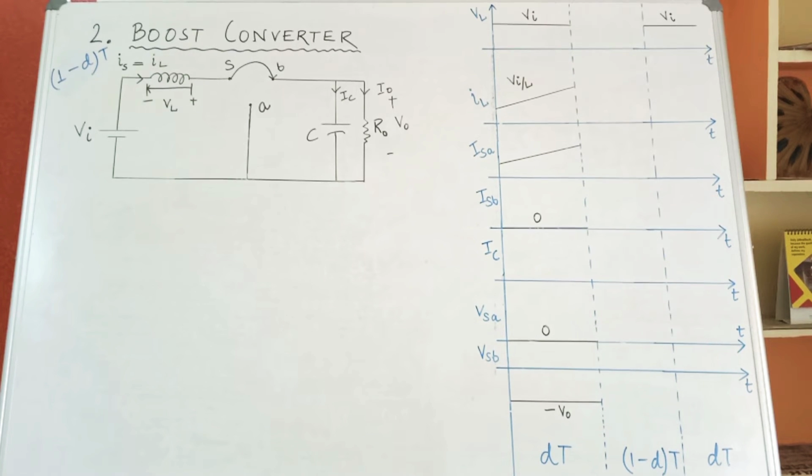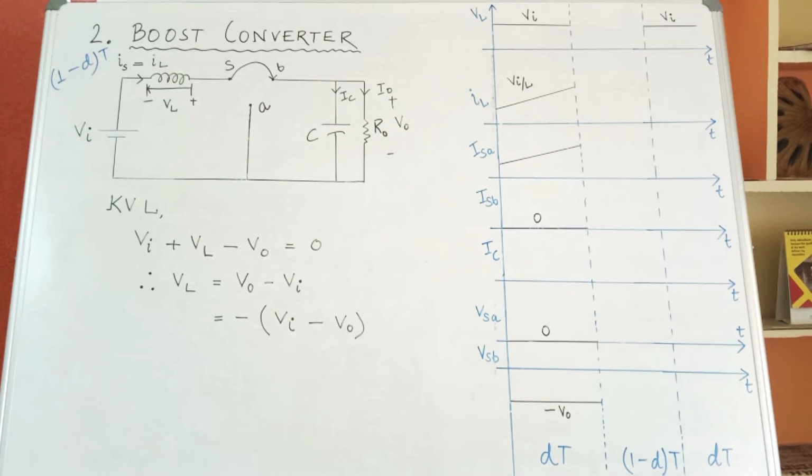Now the source along with the inductor supplies the energy to the load, which is R naught. So now applying KVL during this period, we will get Vi plus VL minus V naught is equal to 0. Bringing Vi and V naught on the other side, we will get VL is equal to V naught minus Vi.